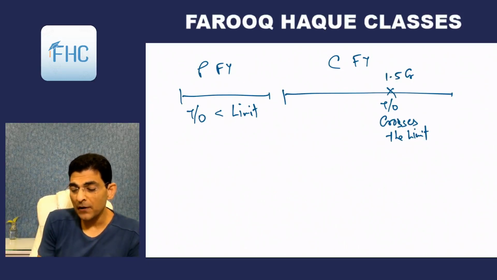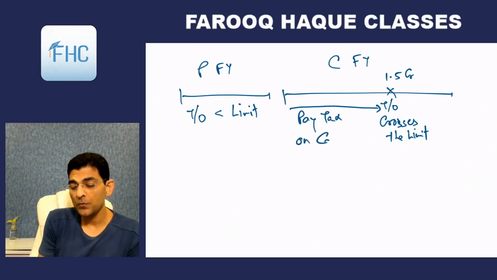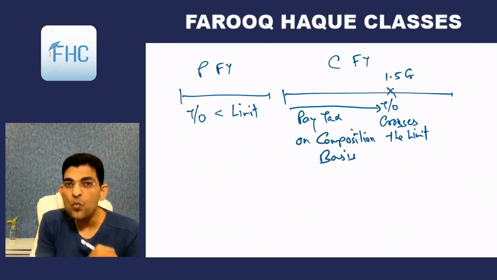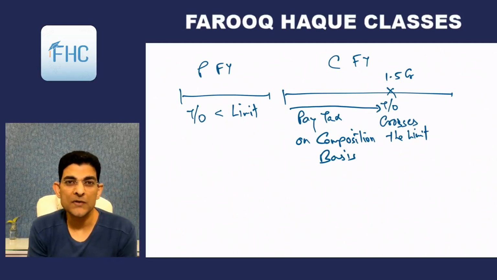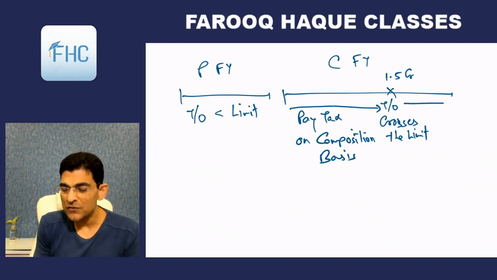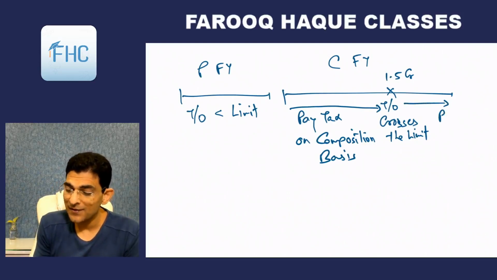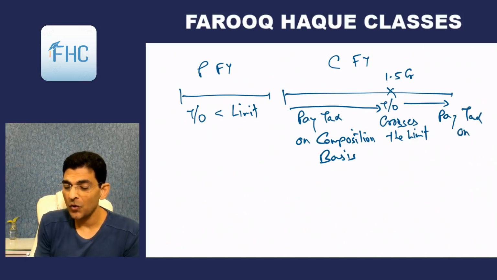From the 1st April to this date, you are paying tax on composition basis, right? But as soon as your turnover crosses the limit, you will have to start paying tax on normal basis. So for the remaining part of the year, you have to pay tax on normal basis.